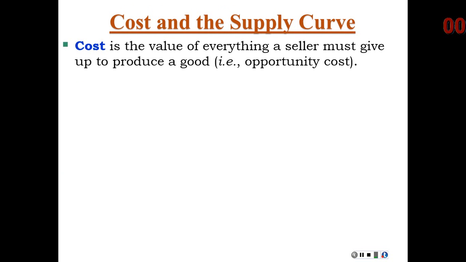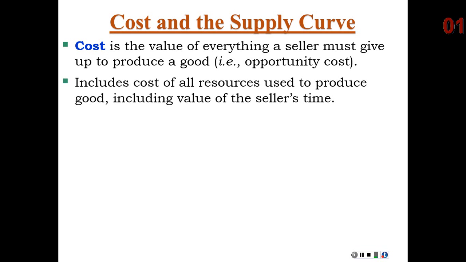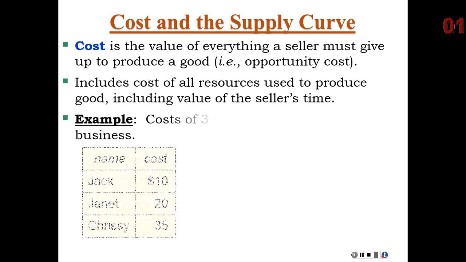Okay. So we've developed the demand curve and gains to buyers. Now we need to discuss gains to sellers. To do that, we need to look at cost and the supply curve. Obviously, cost is the value of everything a seller must give up to produce a good, including their opportunity costs.